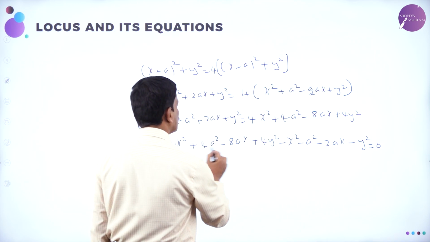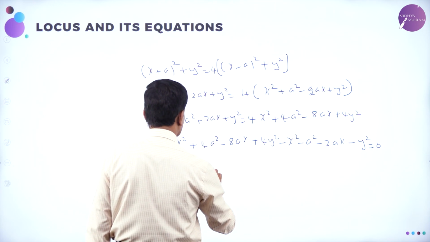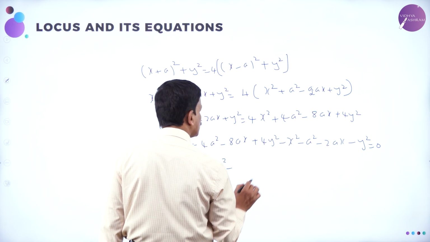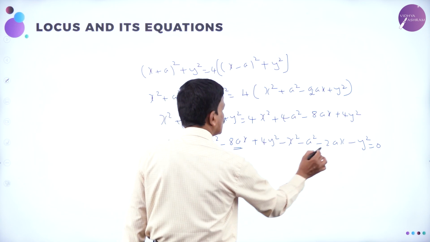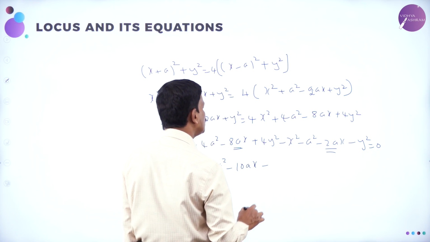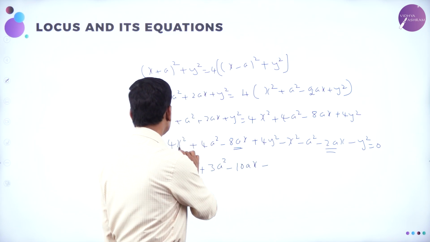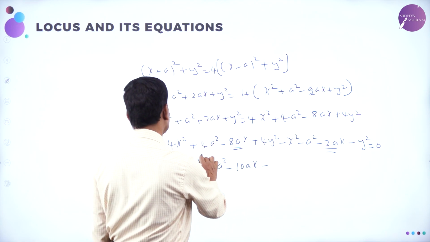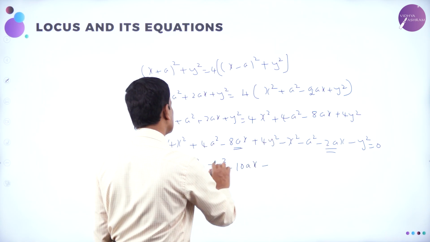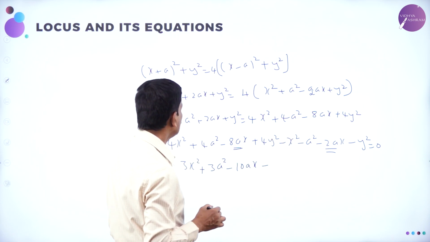Cancel those terms. 4x square minus 1x square is 3x square. 4a square minus a square is plus 3a square, and the x terms: minus 8ax minus 2ax is minus 10ax. The y terms, how many y terms are there? Y terms are not there. So 4x square minus x square is 3x square. 4a square minus a square is 3a square. Minus 8ax minus 2ax is how much you will get?